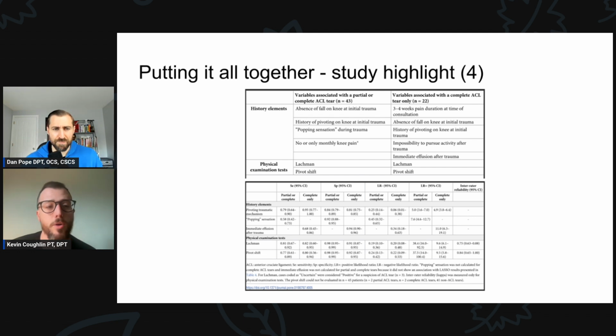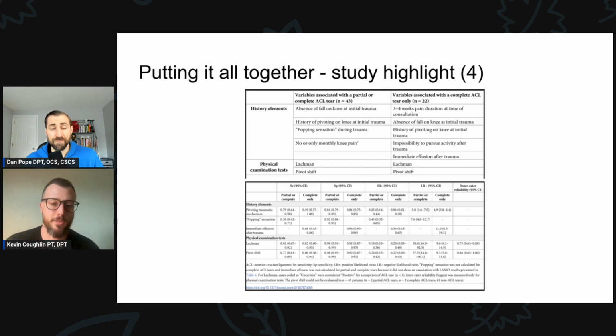That's in a partial or complete tear. But a complete only, the sensitivity is a lot higher, 95%. If we look at the specificity now, so ruling that in, a partial or complete with a pivoting twist mechanism has a specificity of 84.